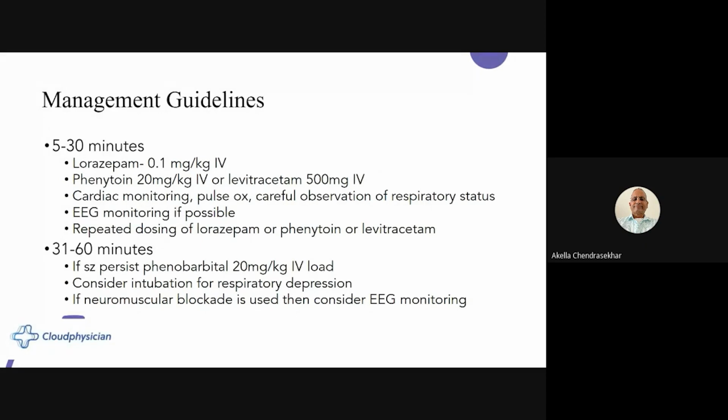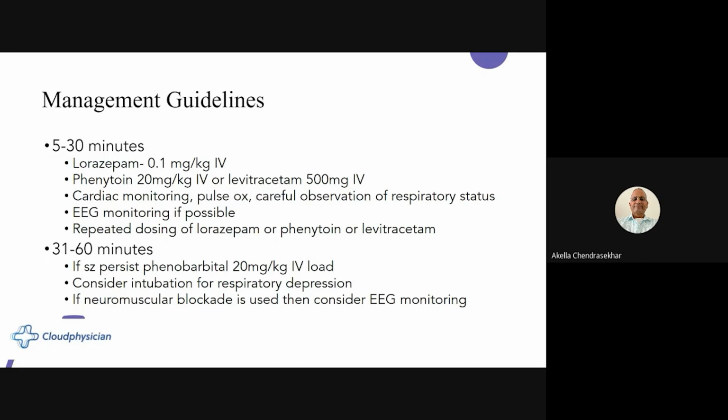So they can tell whether there is seizure activity going on or not and how depressed the functionality of the brain is by putting a BIS monitor on. You can do that. It's a poor man's EEG. But you can use it.